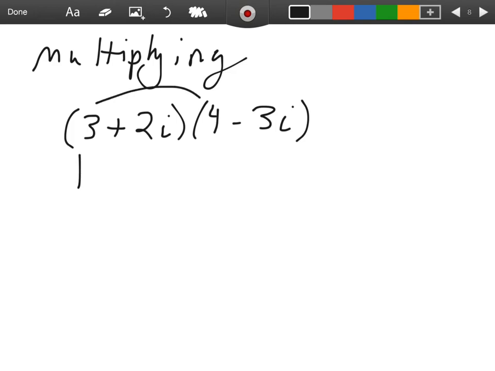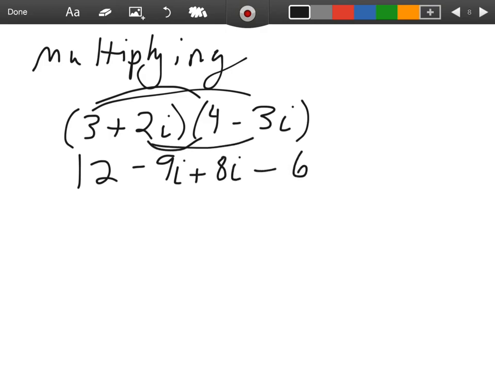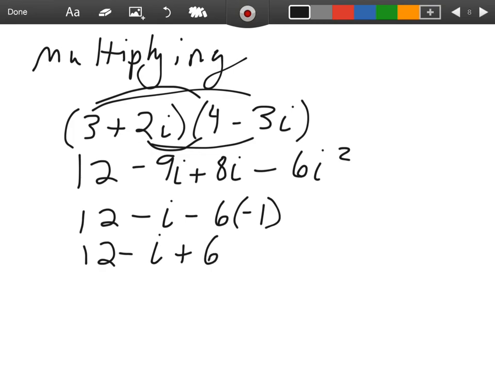So that gives me 12, negative 9i, positive 8i, and negative 6i squared. You see the two middle parts combine: negative 9 plus 8 is negative 1i. Then over here, we have i squared, which is negative 1, so that is going to combine back in with the real number, and so we have 18 minus i.